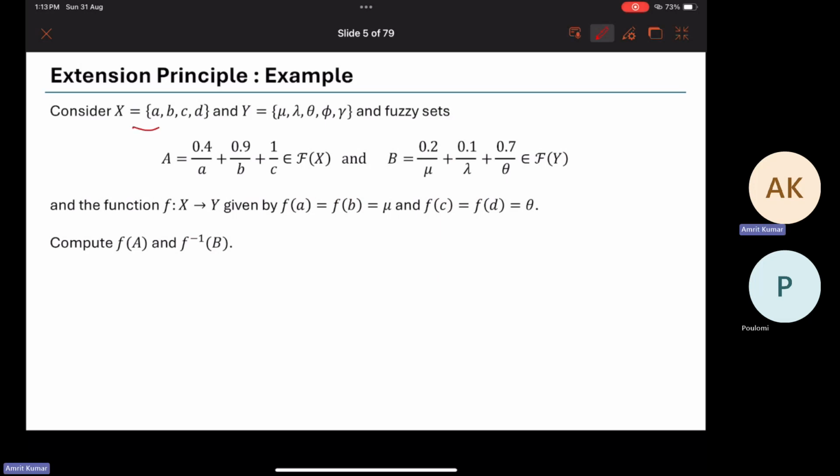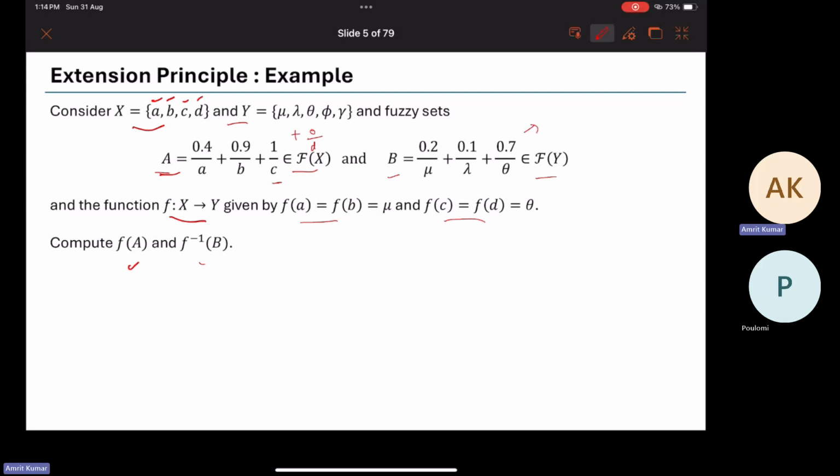We have two universes x and y, and we have a fuzzy set A over x, and a fuzzy set B over y, and a function from x to y that is given in this manner, and we need to compute f of A and f inverse of B. By the way, x has a, b, c, and d in it. However, the fuzzy set A does not specify the membership of d. I hope you know that that essentially means that the membership of d in A is 0.